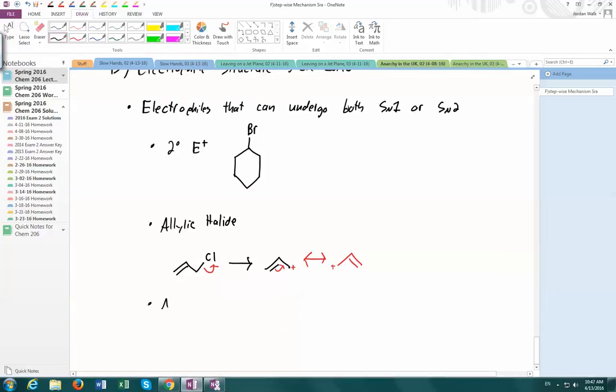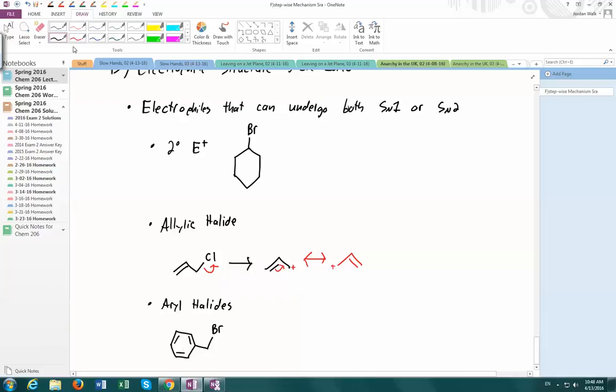And then furthermore, this might be a new name, aryl halides can also undergo SN1 reactions. An aryl halide is basically where our bromide is one bond away from a benzene ring.